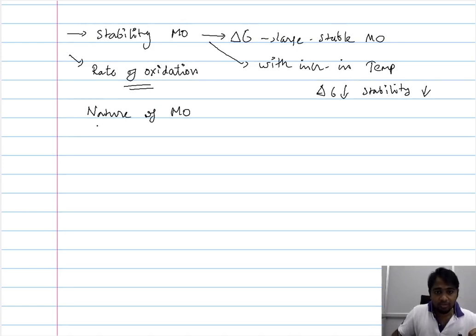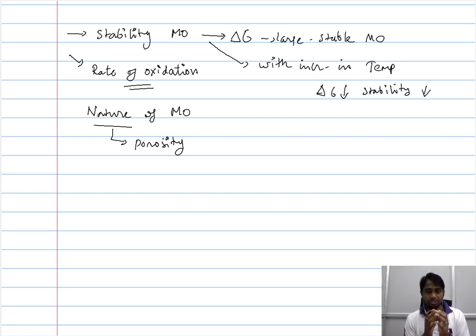When we talked about the nature of the metal oxide, our focus was largely on the porosity. Now, to understand the porous nature of the metal oxide, we considered the amount of oxygen that is being consumed during the formation of the metal oxide and related it to the amount of metal that is being consumed.